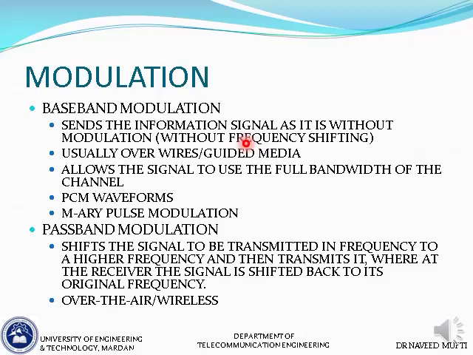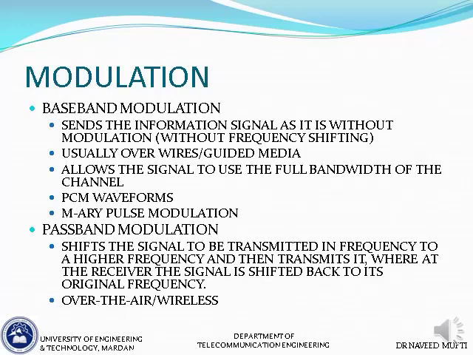That also falls under baseband modulation. Similarly, M-ary pulse modulation, so going for levels higher than 2, also falls under baseband modulation. From 2 levels going to 4 levels, the 2-level is a pulse and the 4-level is also a pulse, so it's from pulse to pulse. That is also basically baseband modulation.